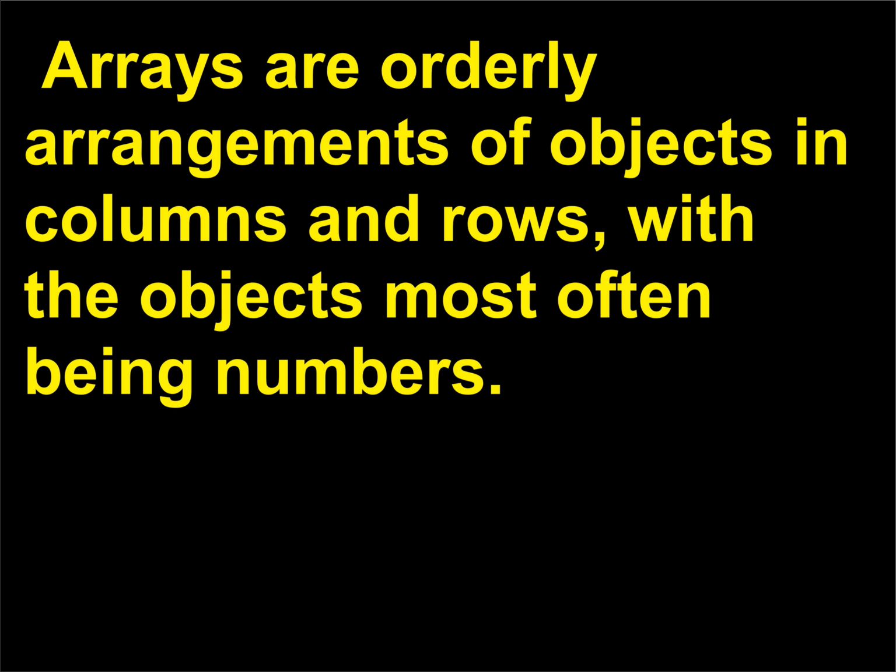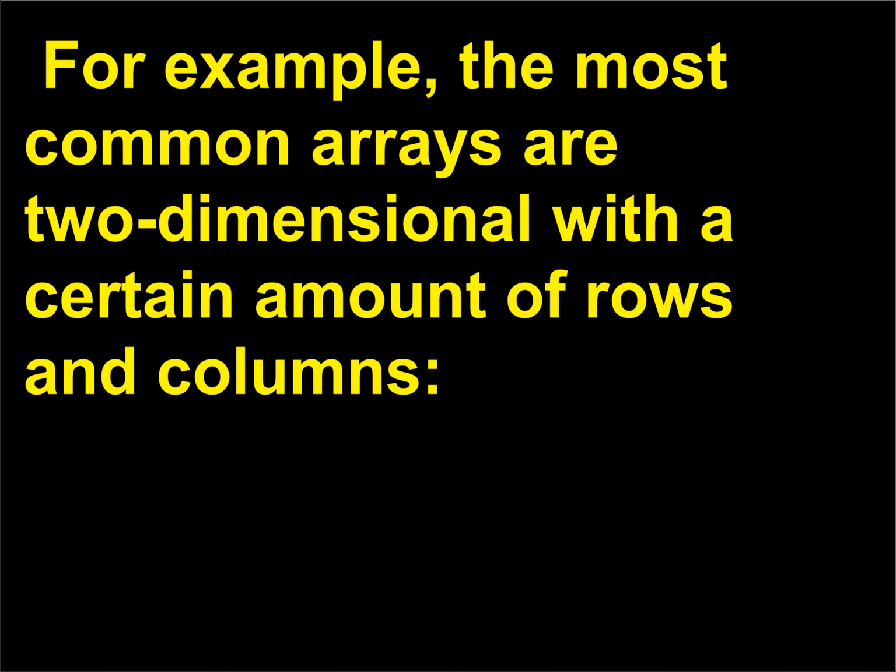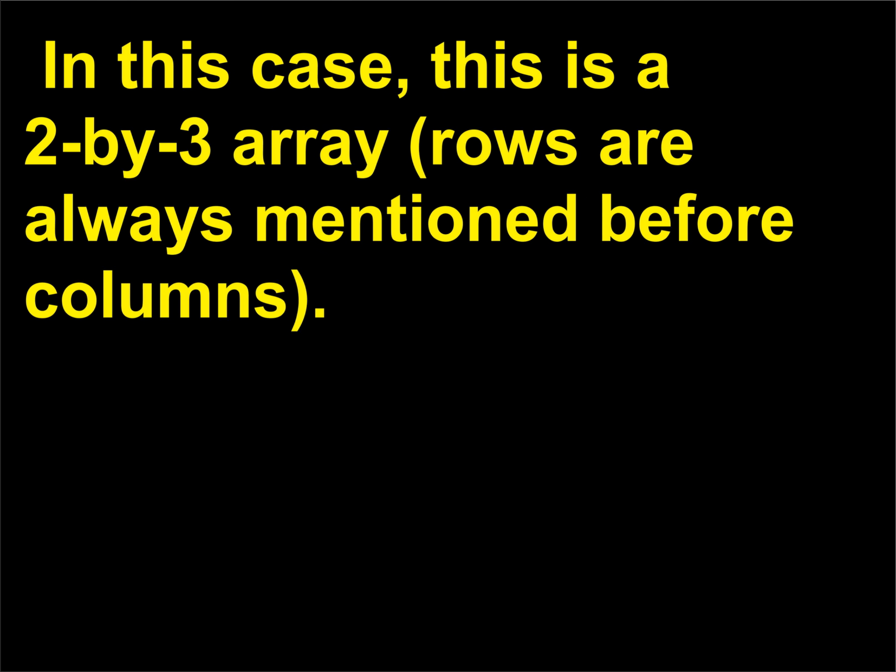Arrays are orderly arrangements of objects in columns and rows, with the objects most often being numbers. For example, the most common arrays are two-dimensional with a certain amount of rows and columns. In this case, this is a 2 by 3 array; rows are always mentioned before columns.